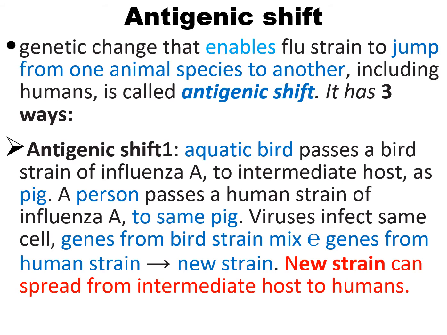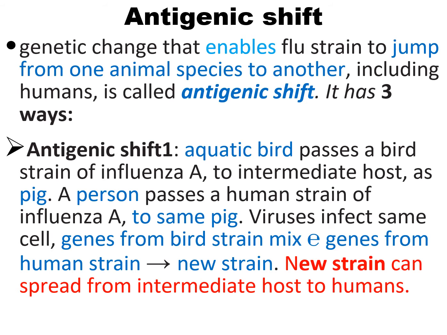Antigenic shift: an aquatic bird passes a bird strain of influenza A to an intermediate host such as a pig. A person passes a human strain of influenza A to the same pig. Viruses infect the same cell. Genes from bird strain mix with genes from human strain, leading to a new strain.